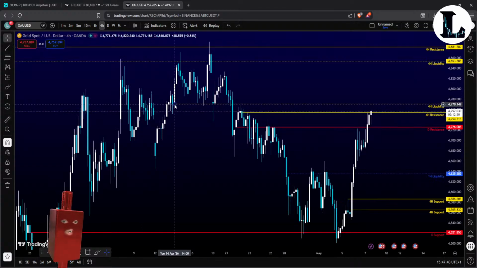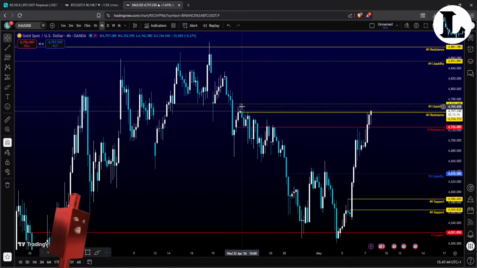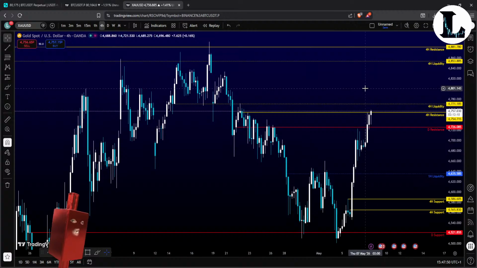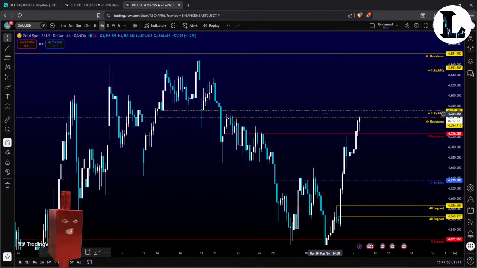There is a 4 hour here, and this is actually a strong one, but it kind of was already backtested. So we might actually see a reaction on the opposite, or in this case, a continuation of the move up. And we might see a big reaction if we manage to break this 4 hour liquidity, alright?